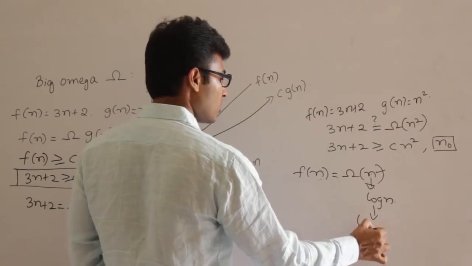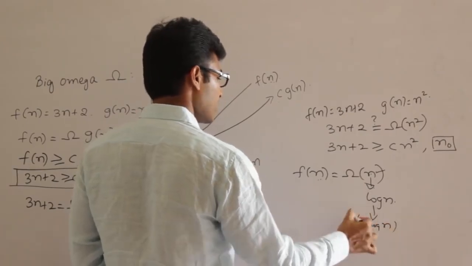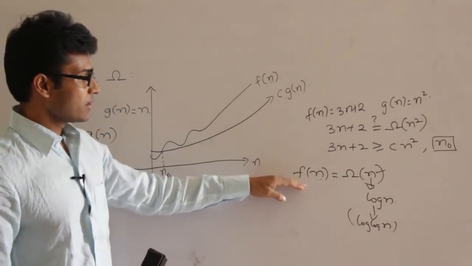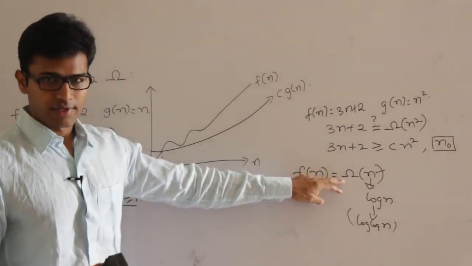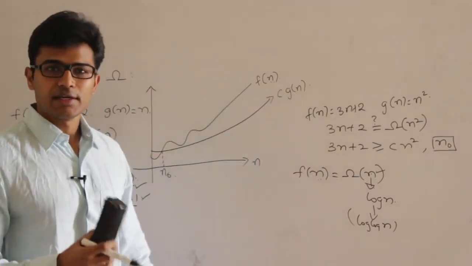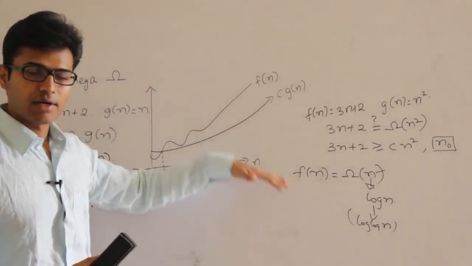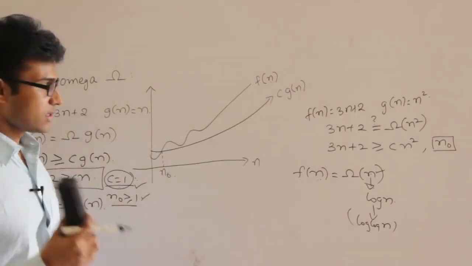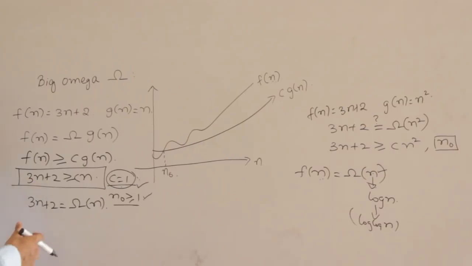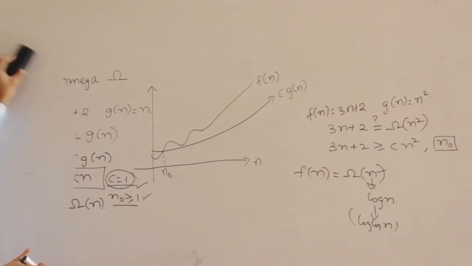So what I mean to say is there will always be more than one answer for big O and omega, but it is better that you take the closest bound, the tightest lower bound here, and in case of big O, the tightest upper bound. Okay, we shall see more examples about it.